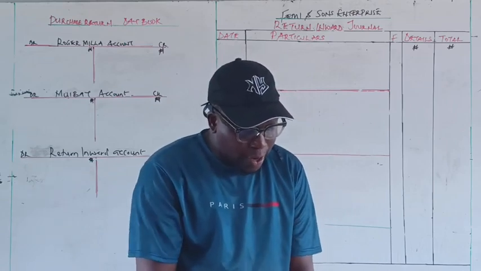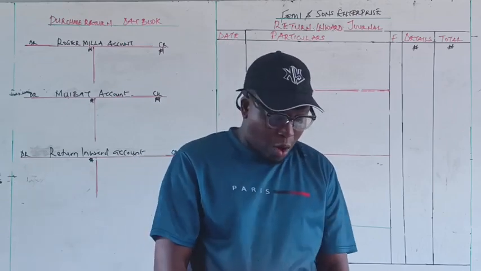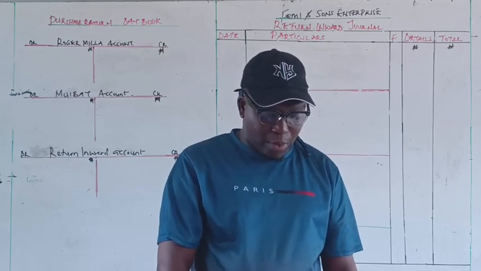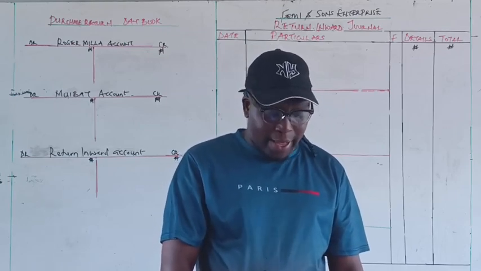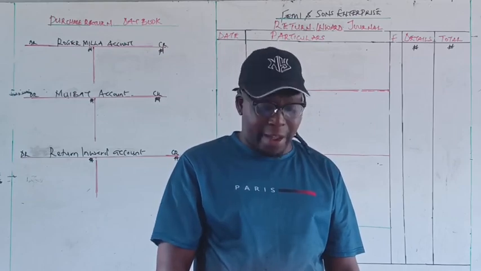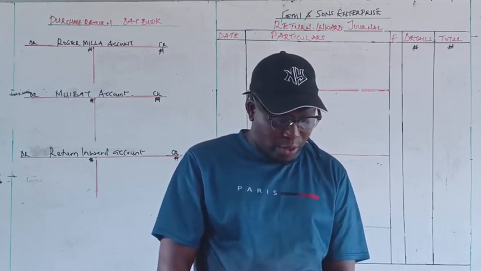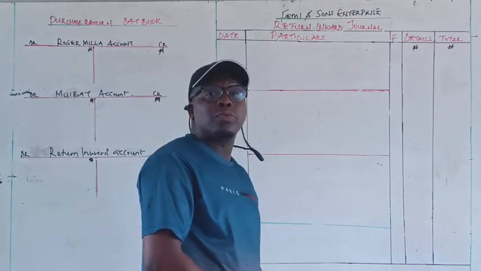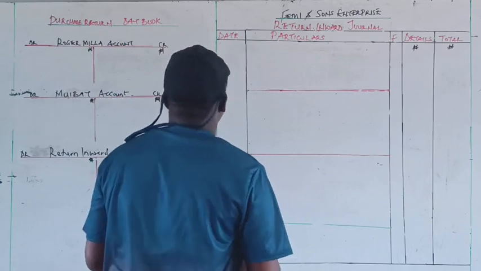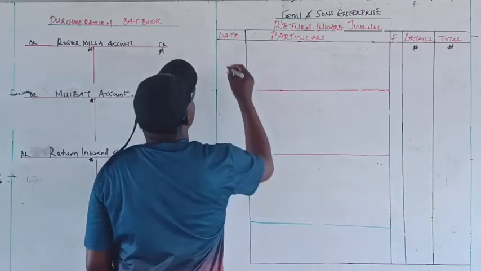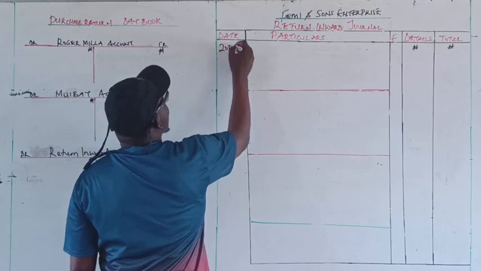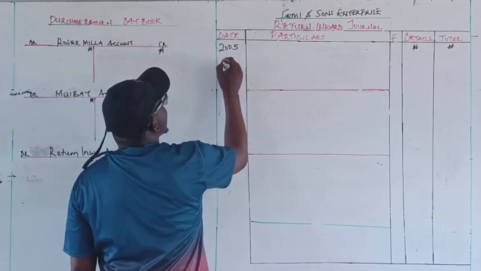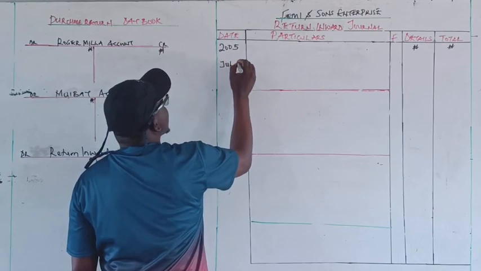We are to write up a sales return book of Femi and Sons for the month of July 2005 and post to the ledger. July 3, 2005. So we come here, we have our date as 2005, July 3.